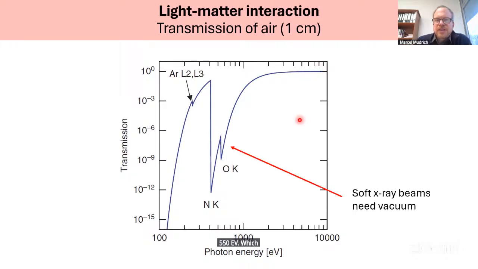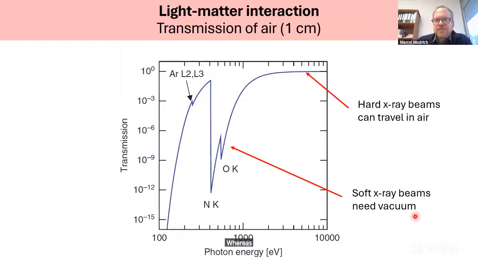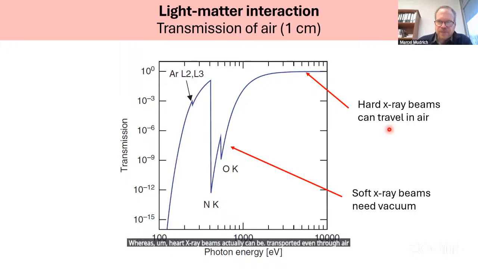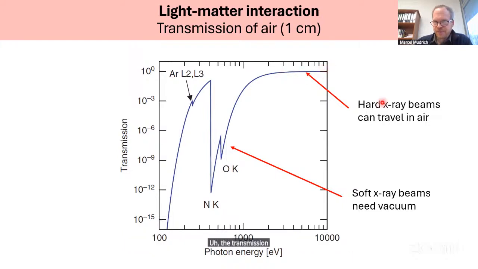Which means that soft X-rays definitely have to travel in vacuum, so you need a good vacuum system, whereas hard X-ray beams can be transported even through air, because sure, there is some ionization going on, but the transmission is nearly one at really hard X-ray ranges.